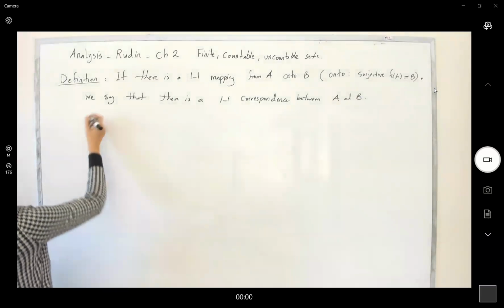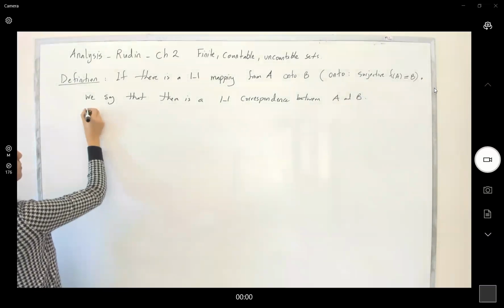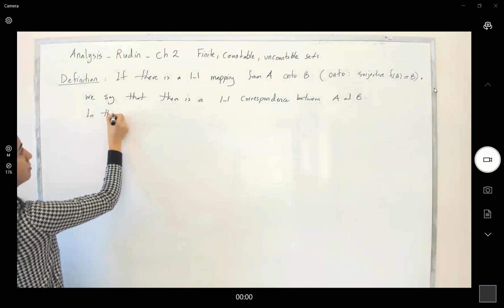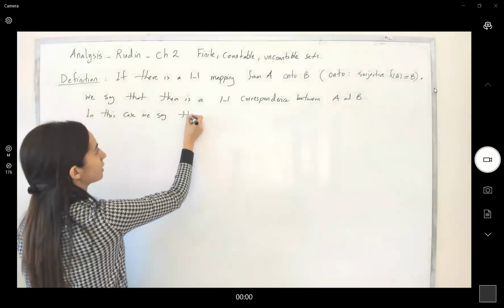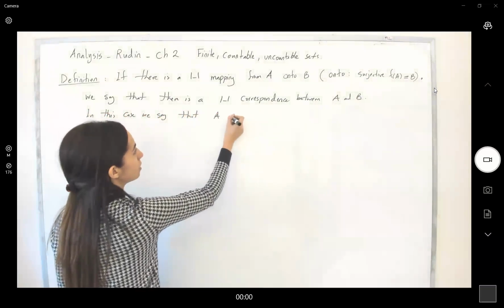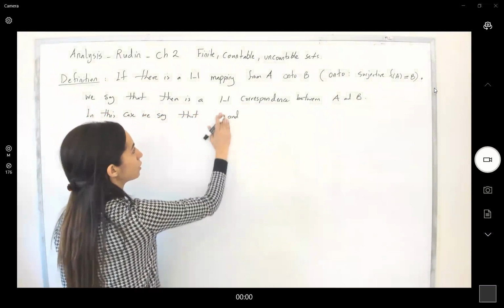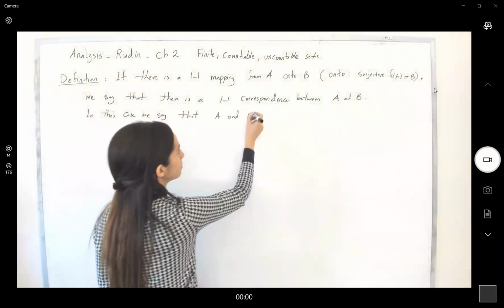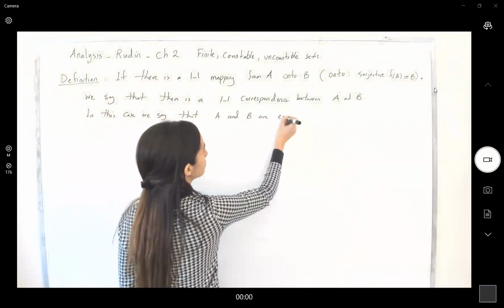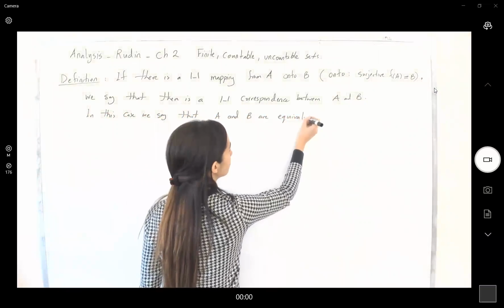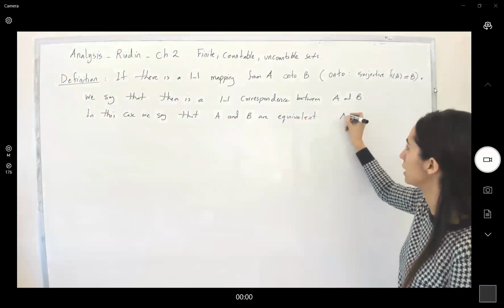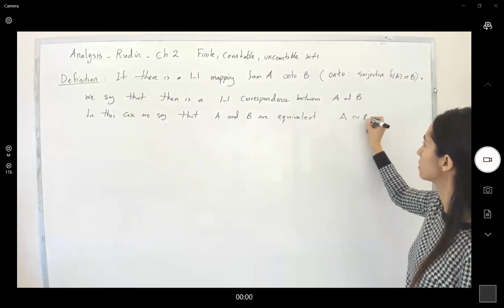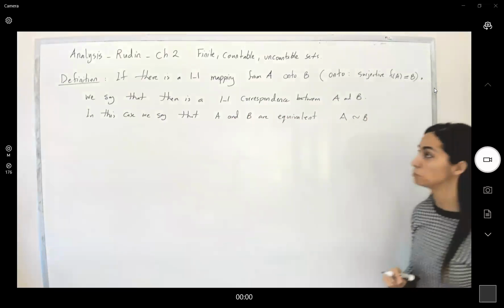We also say that in this case, A and B are equivalent. The symbol that we use is A is equivalent to B. What's the meaning of that?